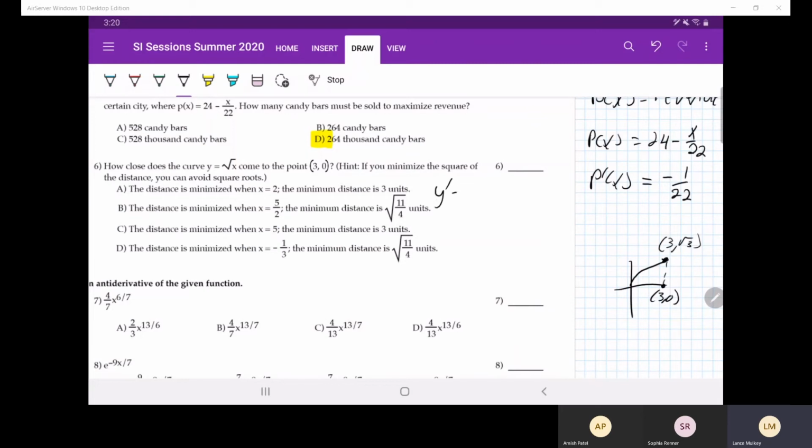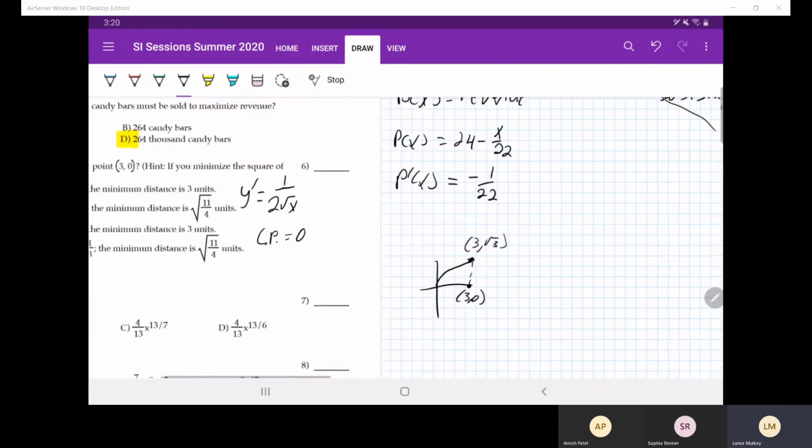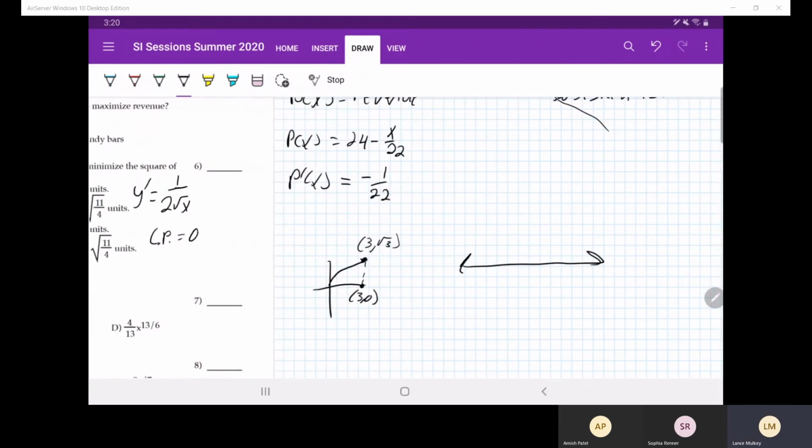Let's just do y prime equals 1 over 2 root x. And your critical point is 0. So if you come over here past 0, you have a negative number, does not exist. You have a positive number. Well, this is always increasing.